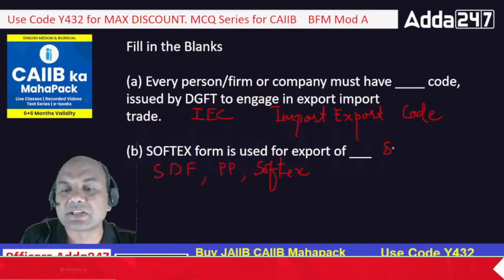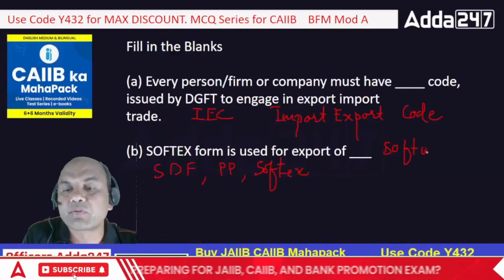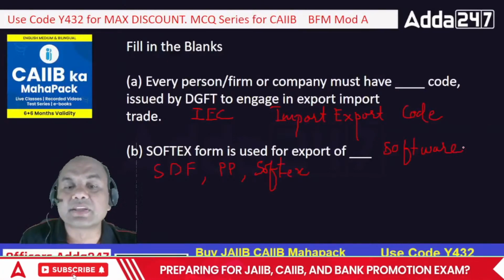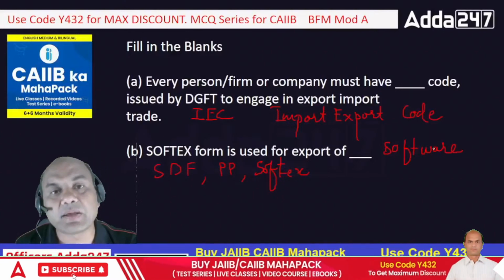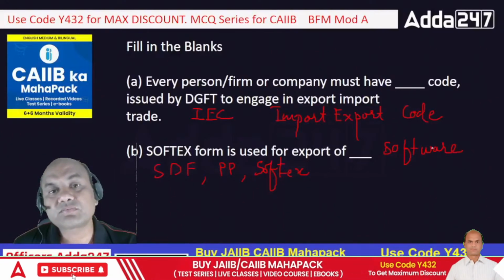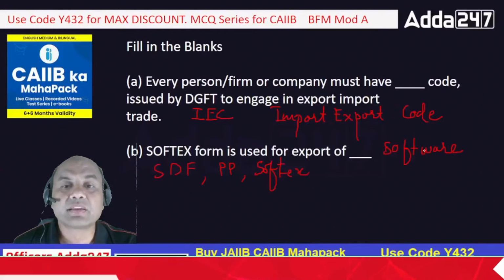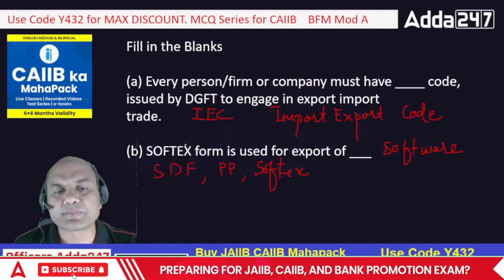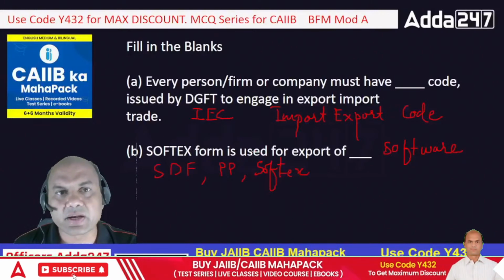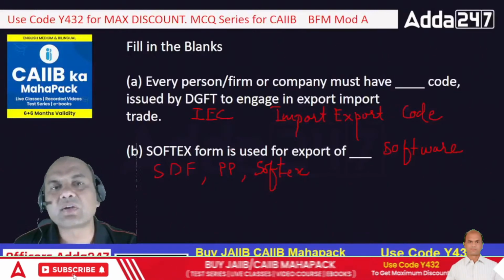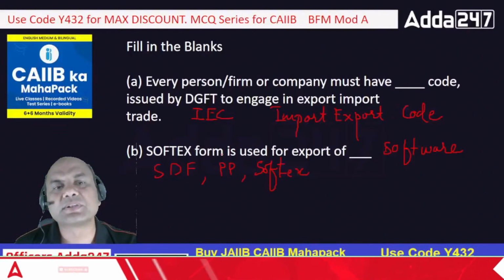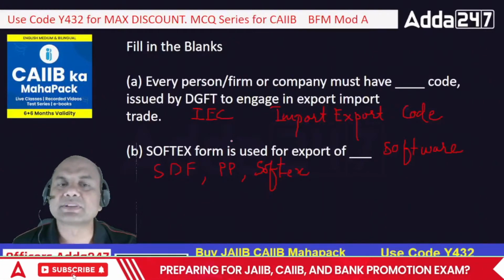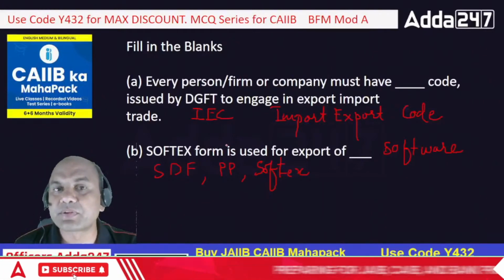See your name itself, software. So this Softex form is to be declared by me as a company to the government. Now you'll ask me one question. Suppose I do some coding and send it on email to somebody in USA, and then that person sends me the money, how will the government come to know?